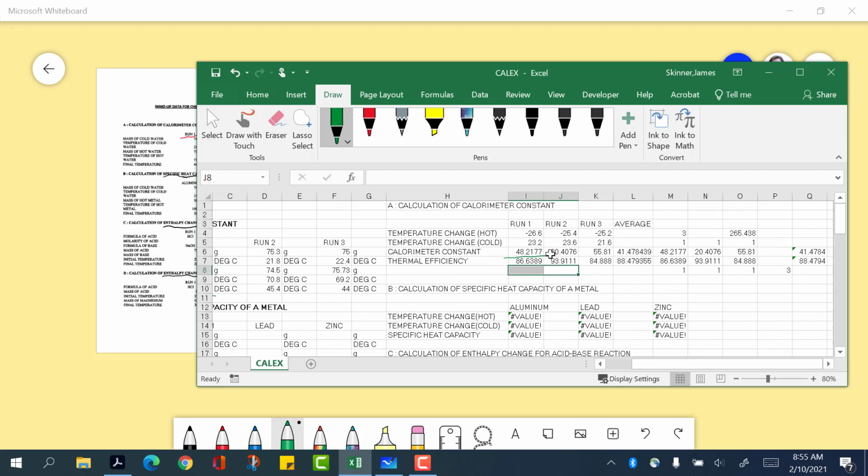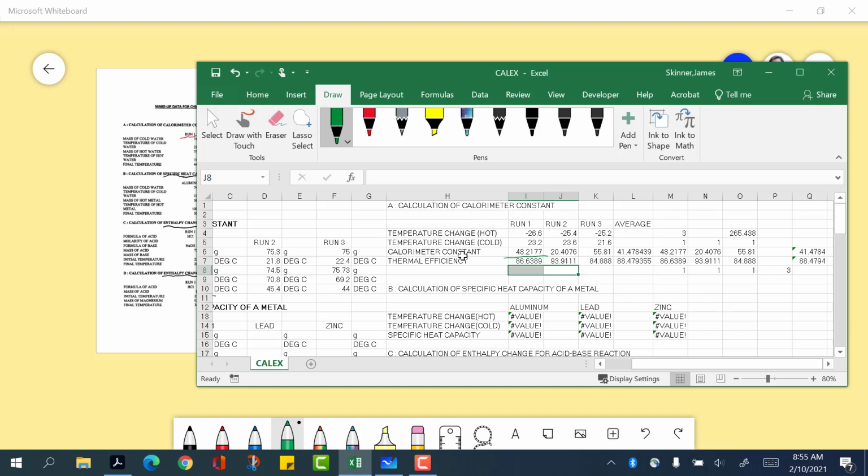And here in run number 1 they got 48 joules per degree Celsius, and run number 2 they had 20 joules per degree Celsius, and in run number 3 they had 55.8 joules per degree Celsius. So the calorimeter constant between those runs, it looks like runs 1 and 3 were closer than run 2.